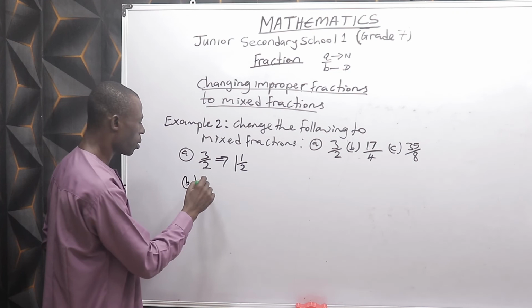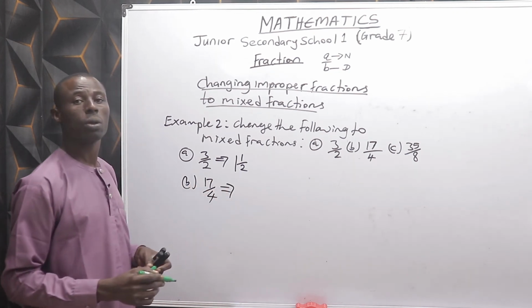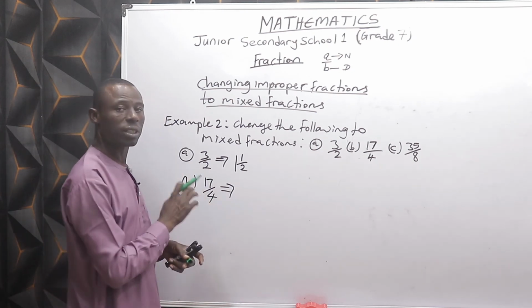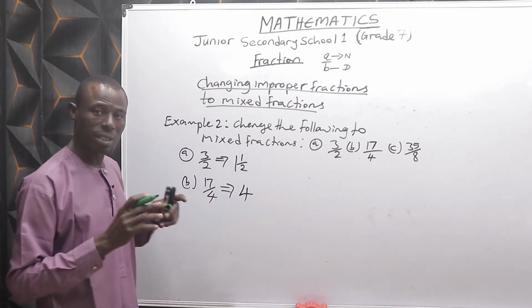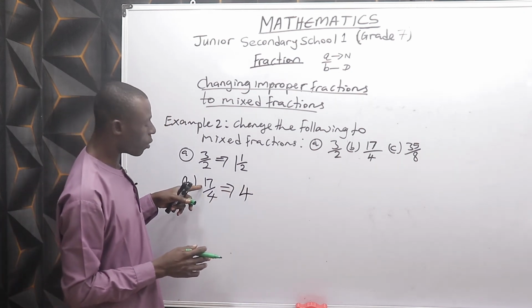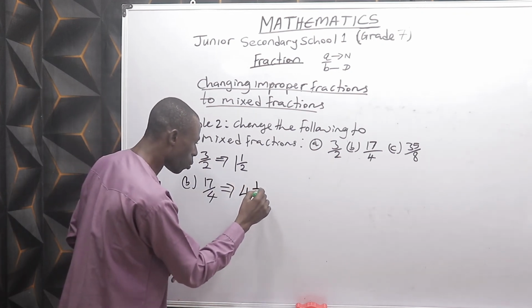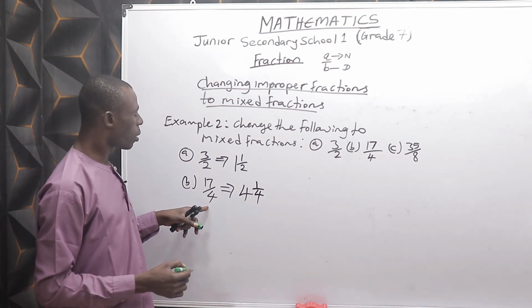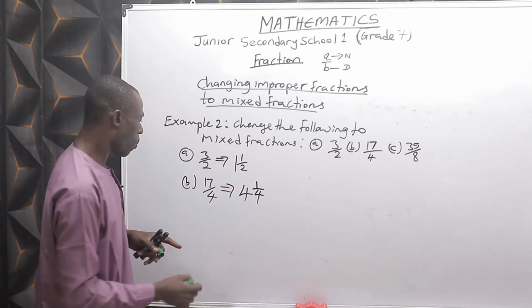Question B. 17 over 4. Changed to a mixed number will be, how many 4 do we have in 17? We have 4, because 4 times 4 is 16. So remaining what? Out of 17, remaining 1. We put that 1 over this 4. So we change 17 over 4 to 4 whole number 1 over 4.